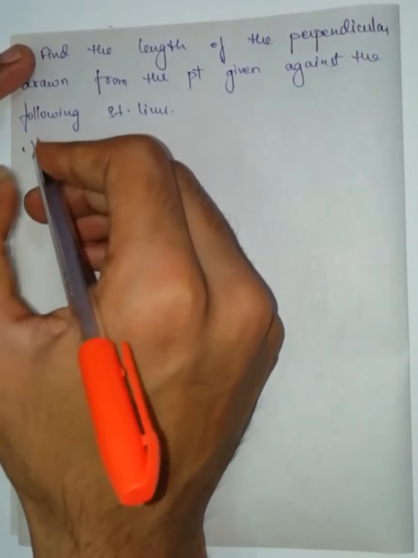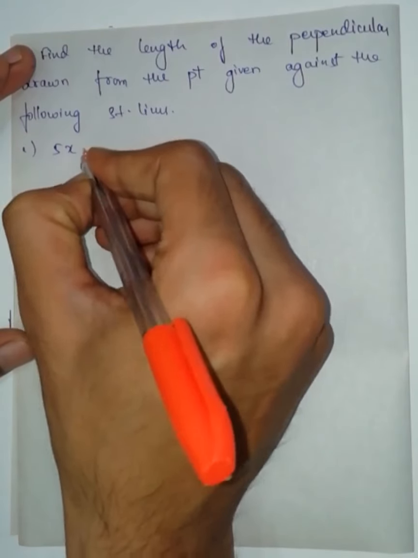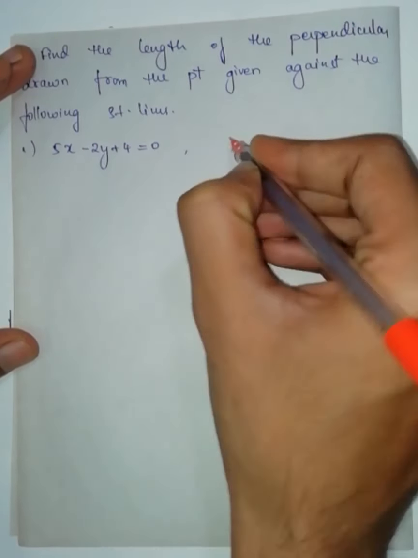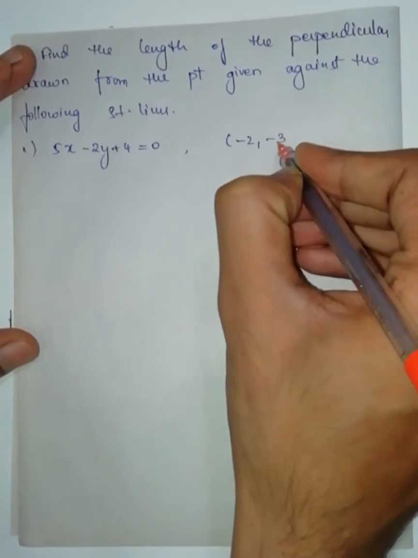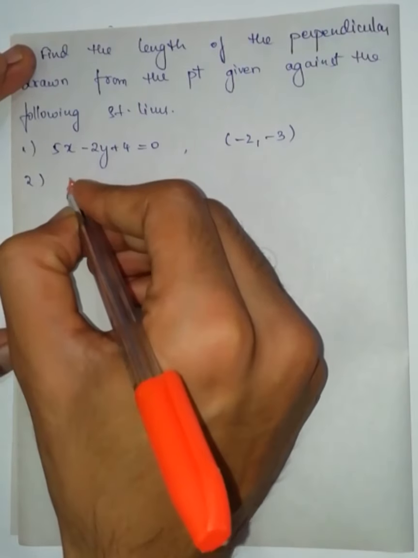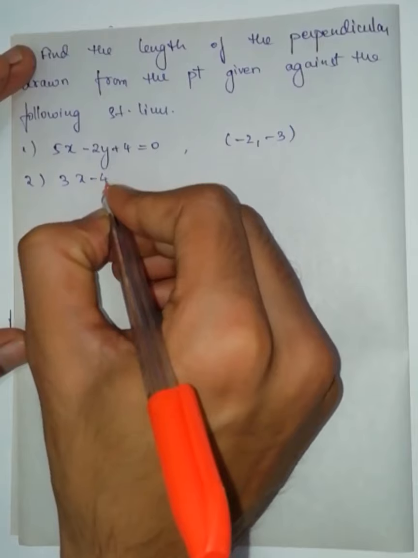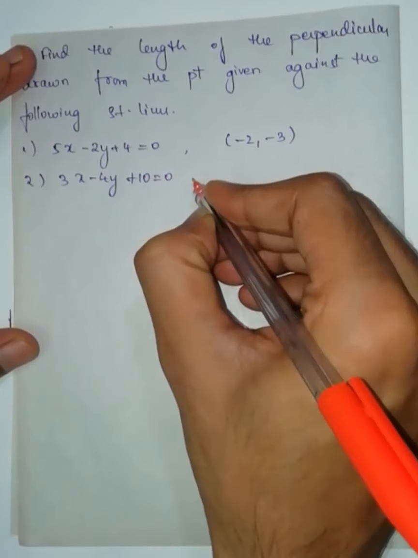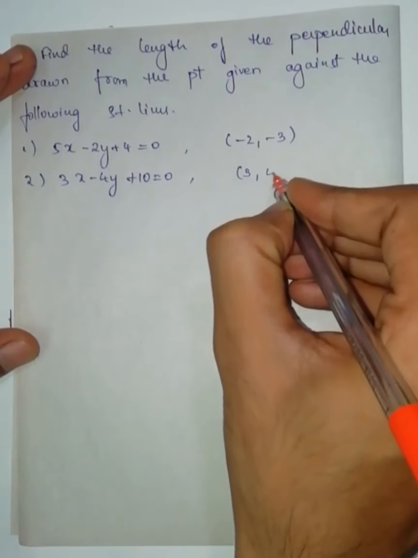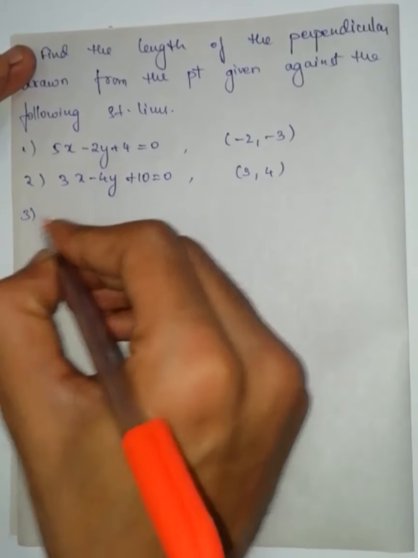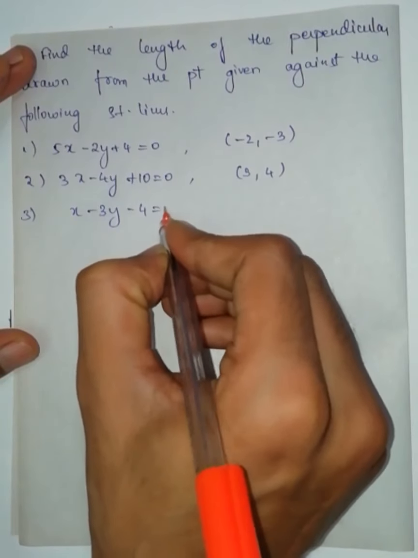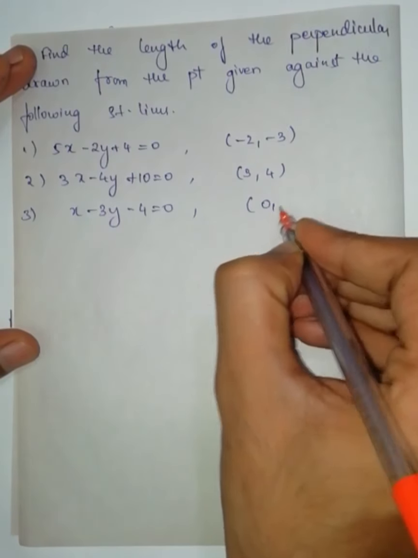First one is 5x minus 2y plus 4 is equal to 0 and the point is (-2, -3). Second one, 3x minus 4y plus 10 is equal to 0 and the point is (3, 4). Third one, x minus 3y minus 4 is equal to 0 and the point is (0, 0).